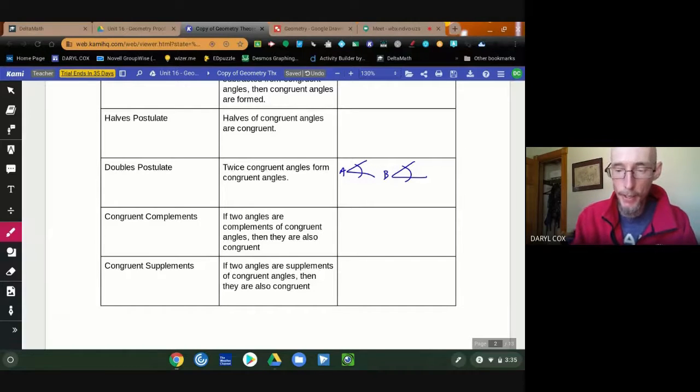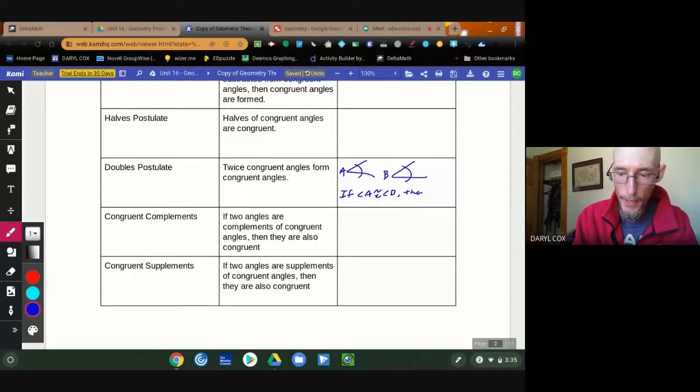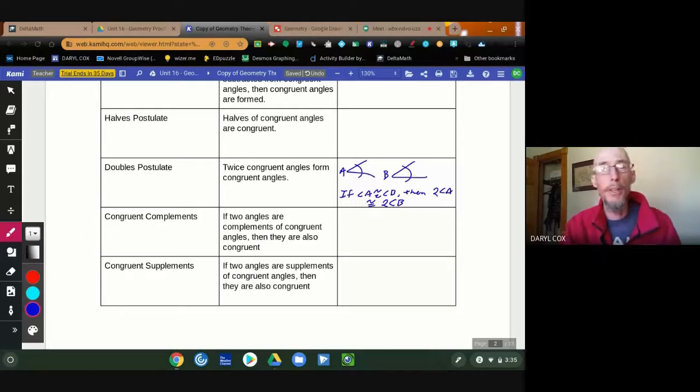And if I take 2 times A, well, let's do it this way. If angle A is congruent to angle B, then 2 times angle A is congruent to 2 times angle B. That's really all that's saying.